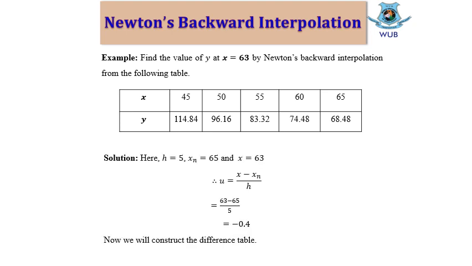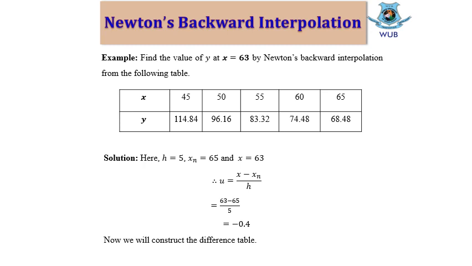At first, we have to count our h and u, and for h, you can see that 50 minus 45, which is the difference of x, and u is x minus xn, where xn means the last value 65, and x means the given value which you have to find out, which is 63.